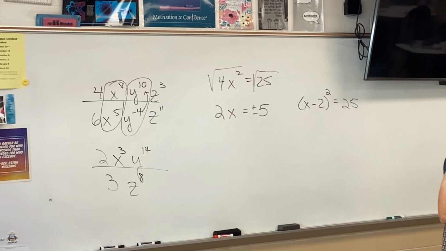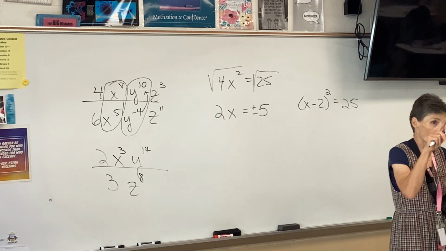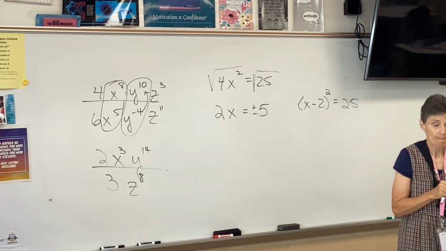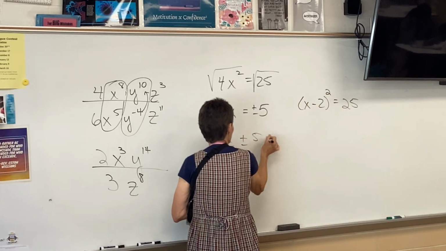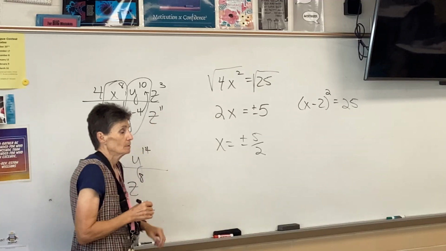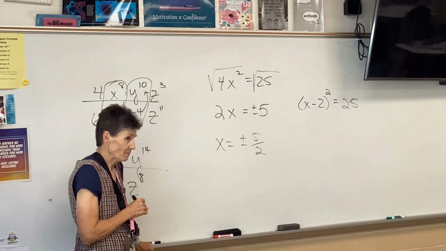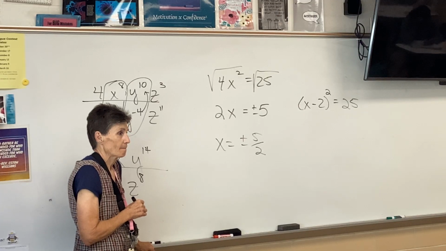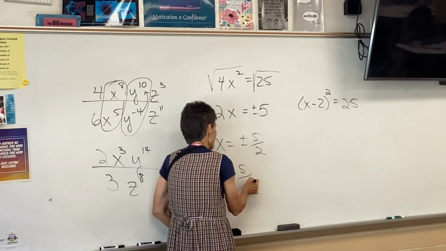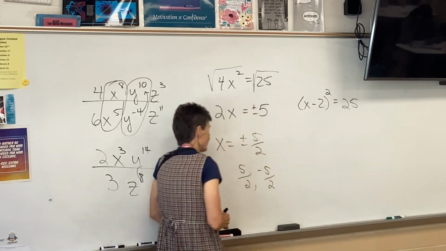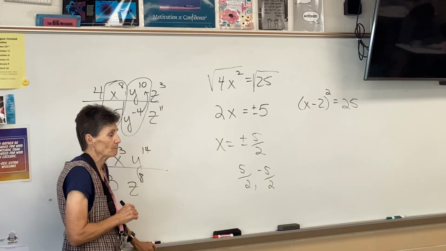One of them will be positive, one of them will be negative. So a little star, plus or minus. And then we'll get x by itself by dividing by 2. So my answer is plus or minus 5/2. I usually just write it like that, but if you want to write it separately, you can: 5/2 and negative 5/2. But it's fine to write them together.